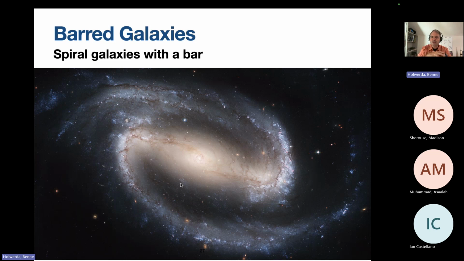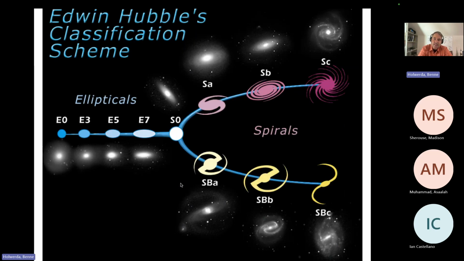So what exactly is going on? We think bars have something to do with being a gravitational funnel, so to speak, for gas to go to the center. And so we think those dust lanes that we see are where gas gets funneled from the outer parts to the central galaxy. But that seems to be a very common thing.